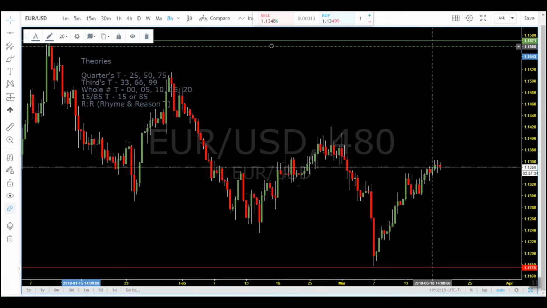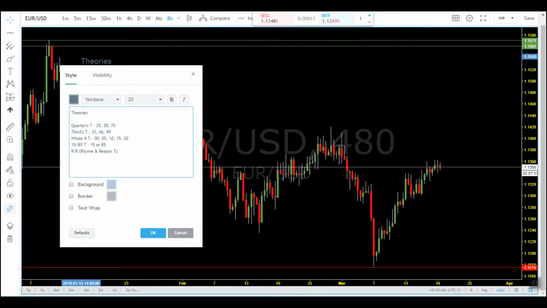When it comes up, this first line is called the proximal line because it is within closest proximity to being reached. This line above it is called the distal line because it is a further distance away from current price. So this is called the proximal line. This is called the distal line. Okay, let me go ahead and write that out for you guys here. So the first line that's closest to price is called proximal, and the second line, furthest away from price, is called the distal line.